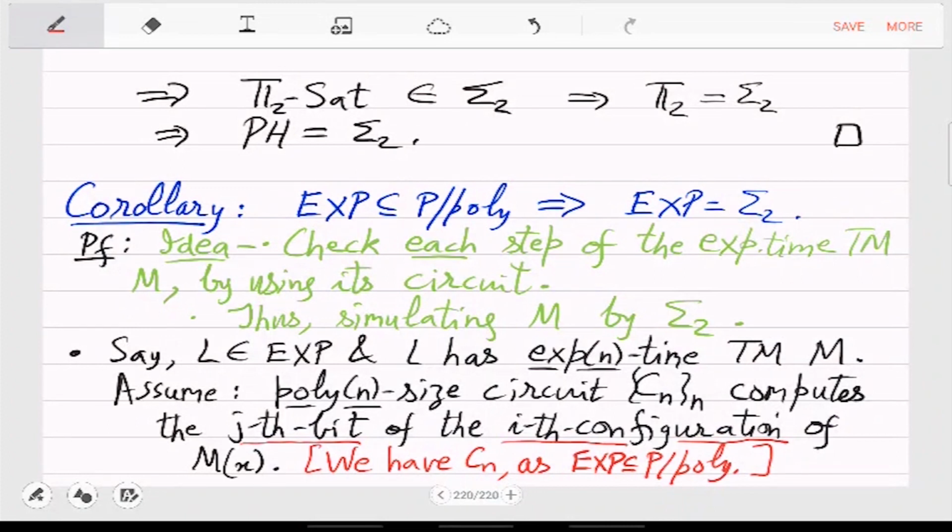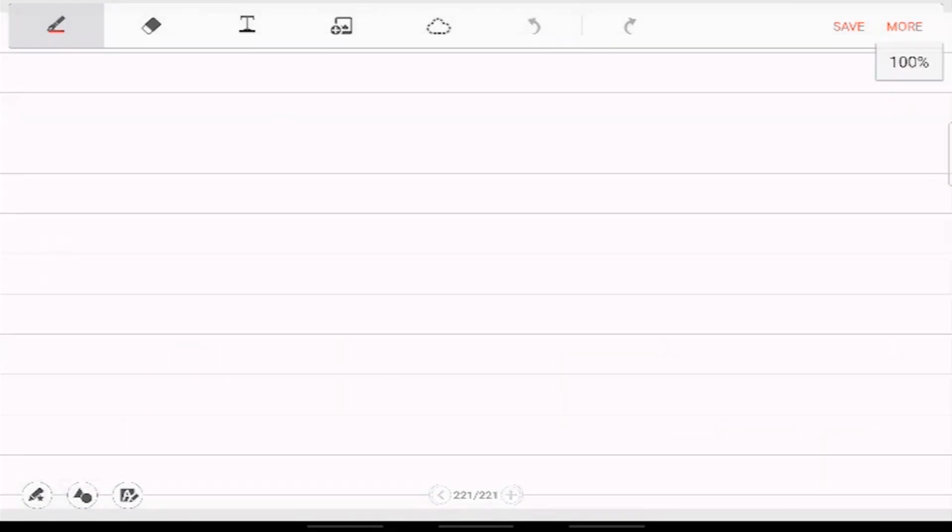And now we can check each and every step of M of x using quantifiers. Let us do that.